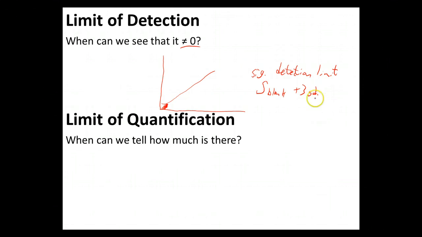Now notice that that doesn't mean that we know anything at all about the concentration, because what we're saying is that when I stick water on here, the randomness of it jittering around gives me this much noise. And occasionally I'll see a spike that's getting off of zero. Let me just give you another example of that. Suppose you're sitting there looking at the digital display on some instrument.